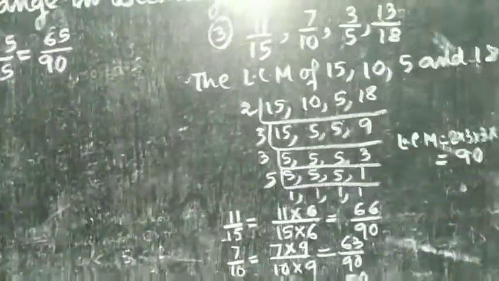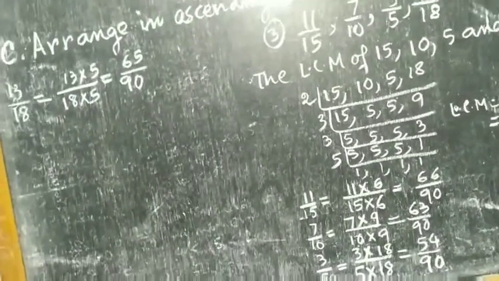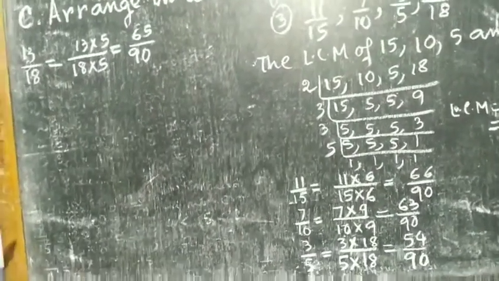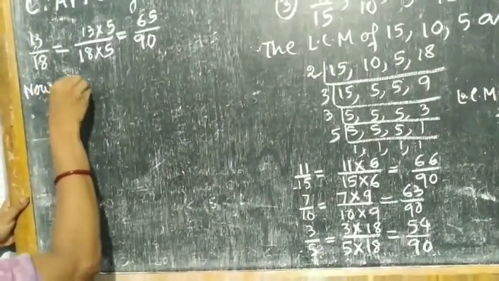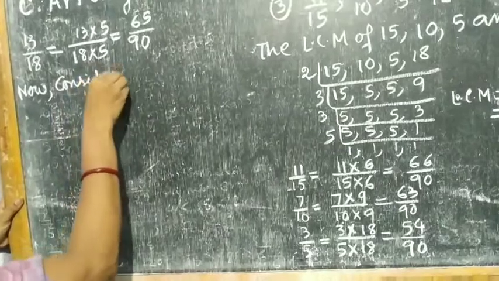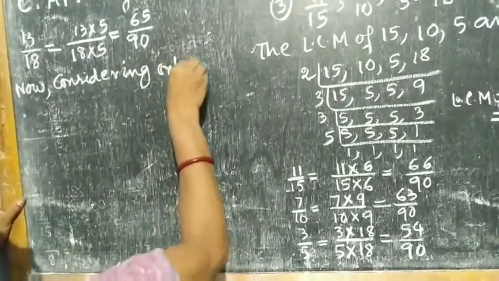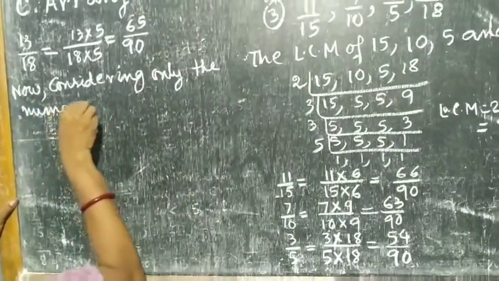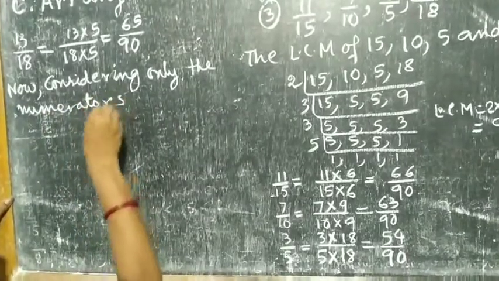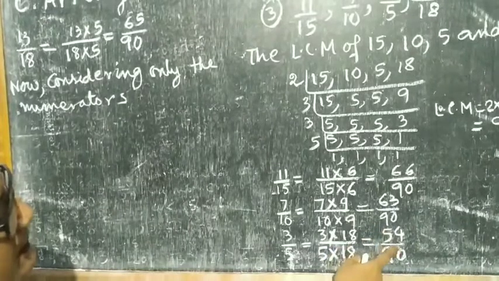Now children, you have to arrange them in ascending order. That means from smaller to bigger. So considering only the numerators, as the denominators are same, which one is the smallest numerator?